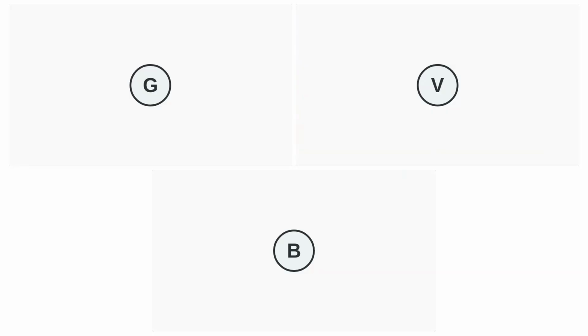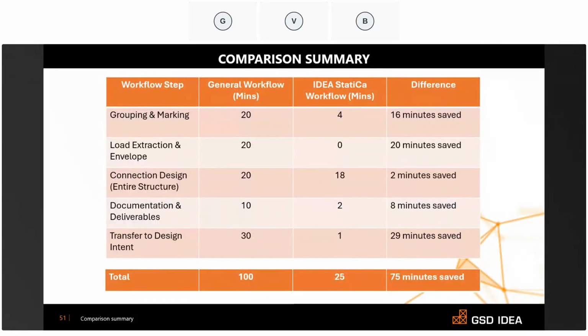For those of you who didn't do the math on the go, here is the summary. You can see time taken in each task, grouping, marking, etc. And if you remember what I mentioned at the very beginning, the connection modeling and analysis is not actually the biggest issue anymore.